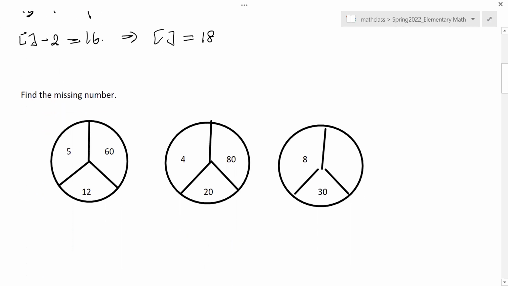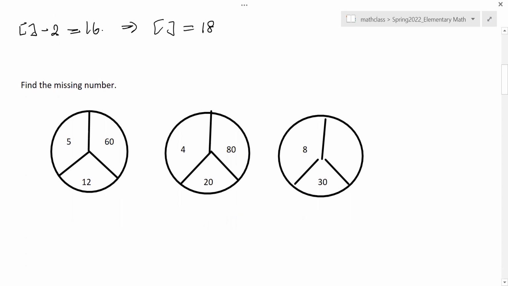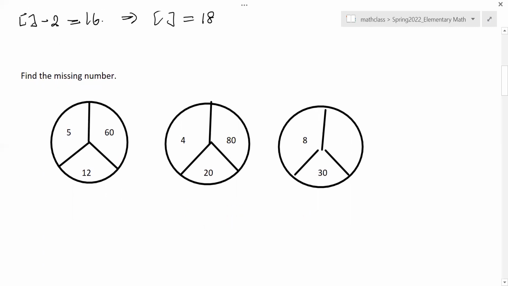Now let's deal with triples, groups of three numbers. We have here three circles. Each circle has three numbers, but in the last one, one number is missing. Let's try to figure out that number. Focus on the three numbers in the first circle.